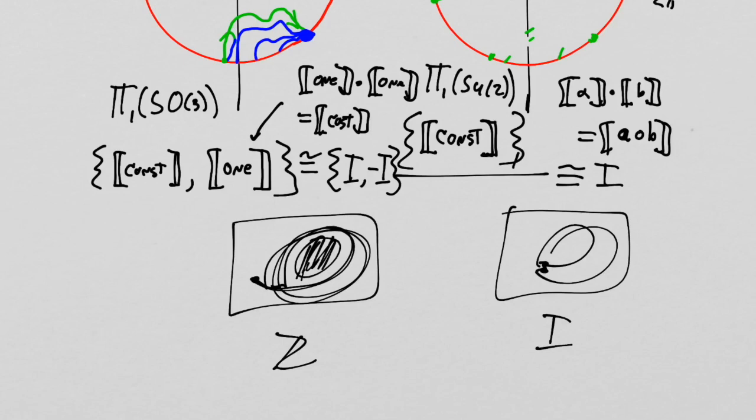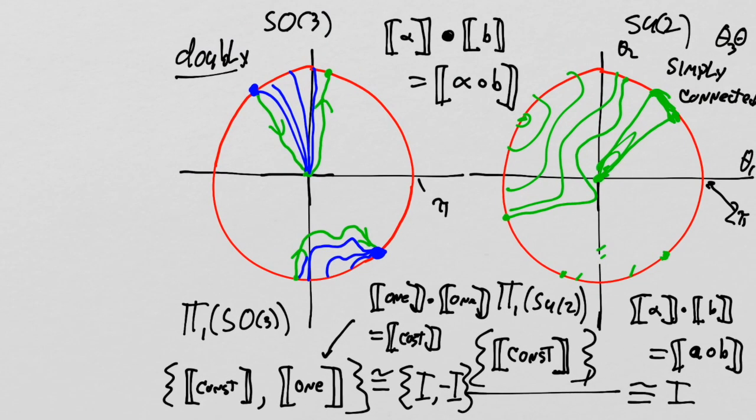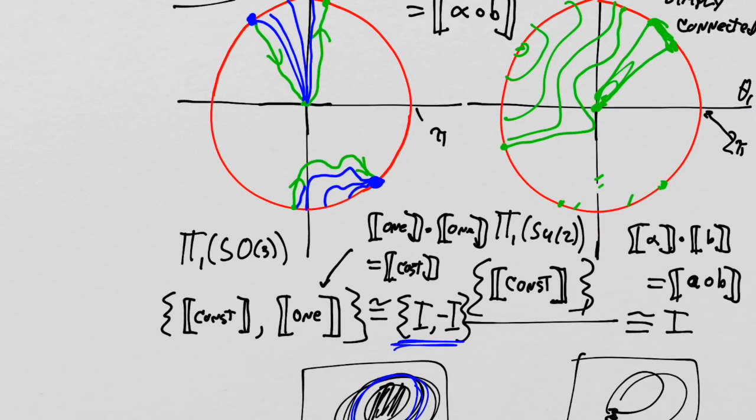You have as many homotopy classes as the number of times that you can go around this hole. So something as simple as puncturing the plane gives you a group that is infinitely more complicated than the fundamental group associated with the topological space SO3, which has just two elements.